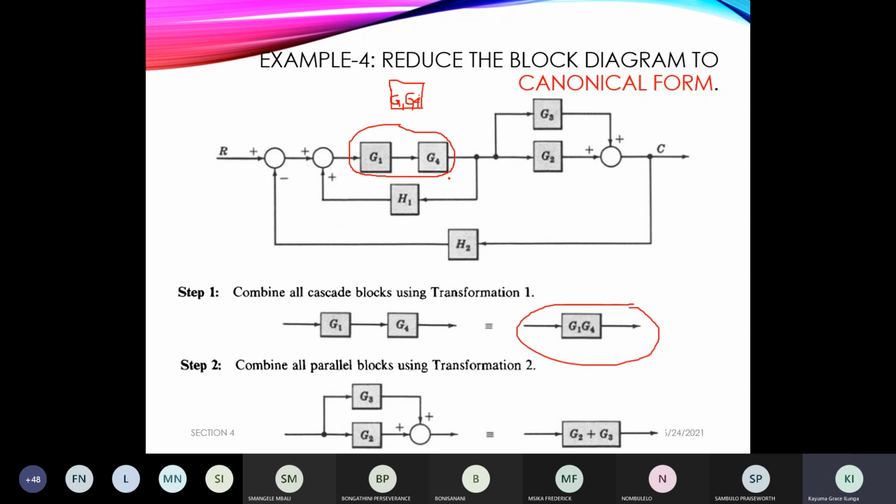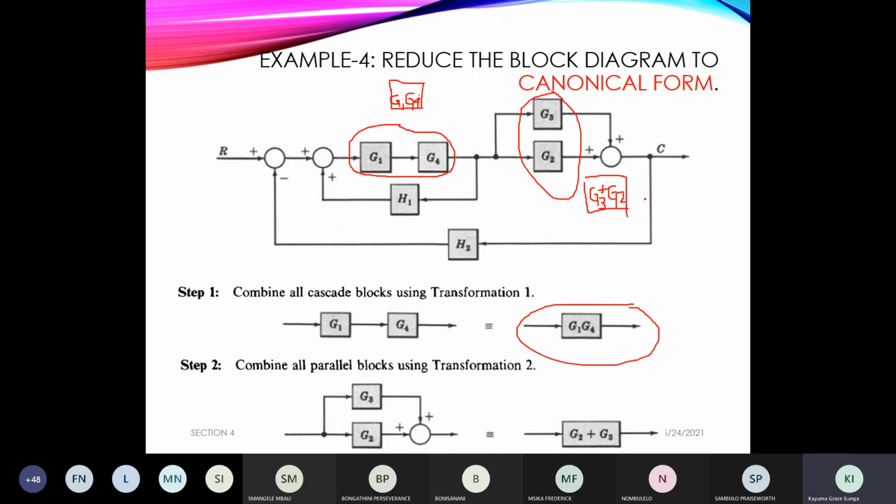How many parallel blocks do we have here? The parallel blocks here are G3 and G2. So this one also we can have the equivalent block, which is going to be G3 plus G2.